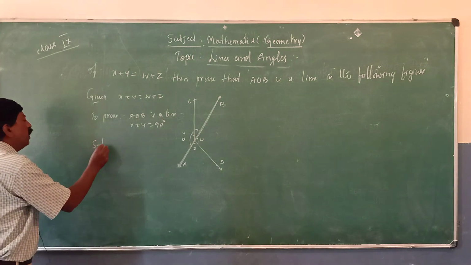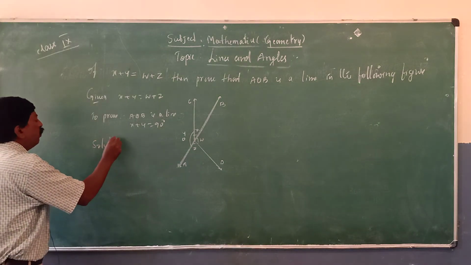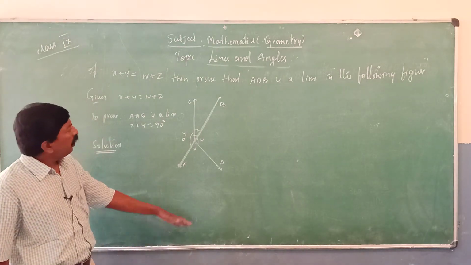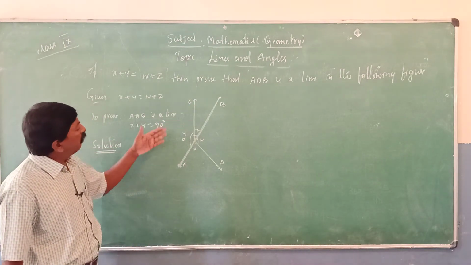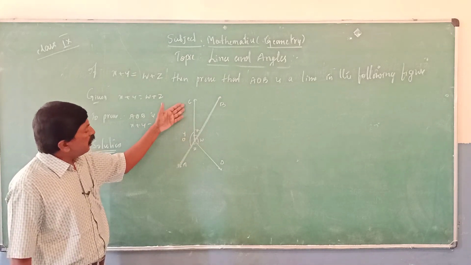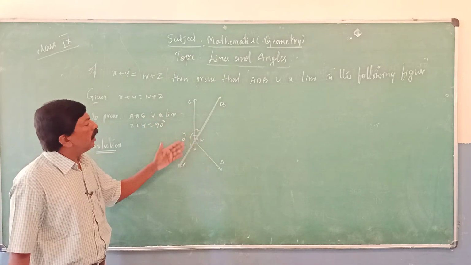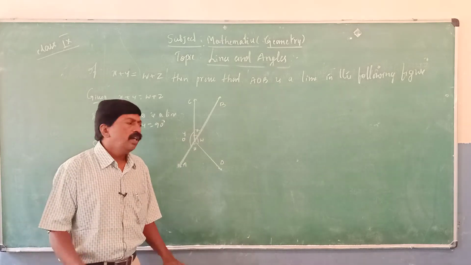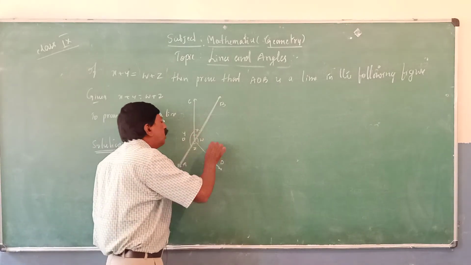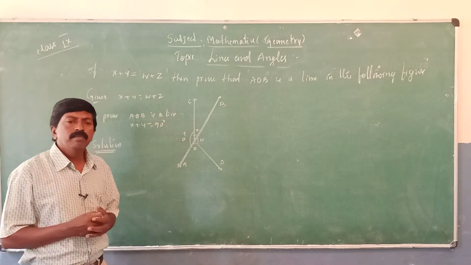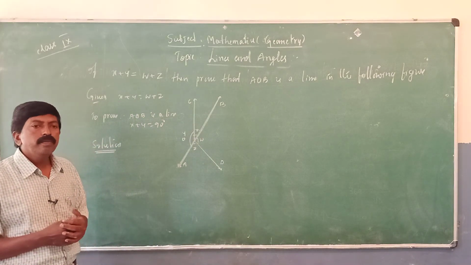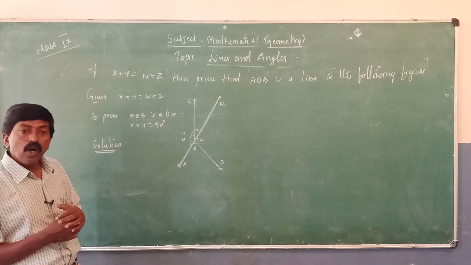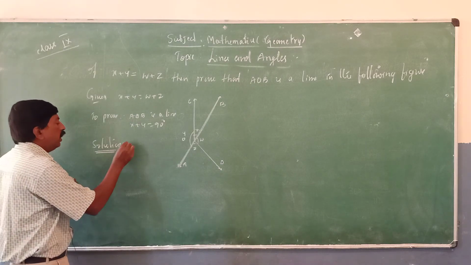Now let us come to the solution or proof. Observe carefully. OA, OB, OC and OD, like that 4 rays are given, the straight line is not given. So what is the sum of all these 4 angles? Just now we discussed it. Yes, it is 360 degrees.